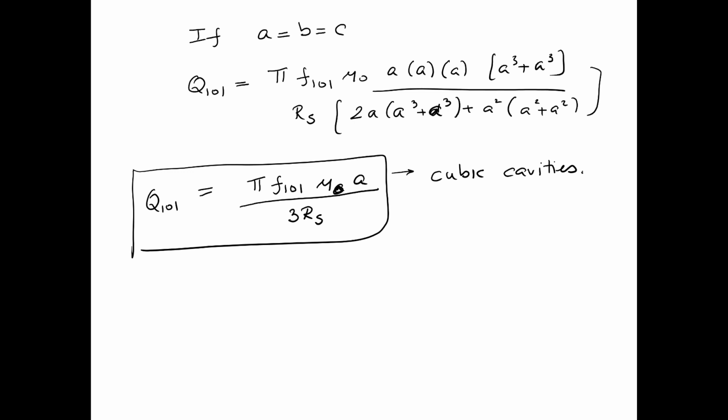We go for the cubic cavity because I get the smallest surface area for the same volume as opposed to a rectangular cavity. And the smaller the surface area, the lower the loss, because ultimately your current is being integrated over that surface area. So I would get the lowest loss, and with lower loss I would get the highest value of Q I can achieve.